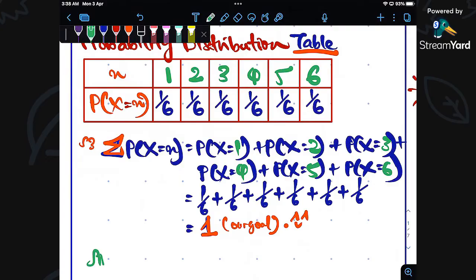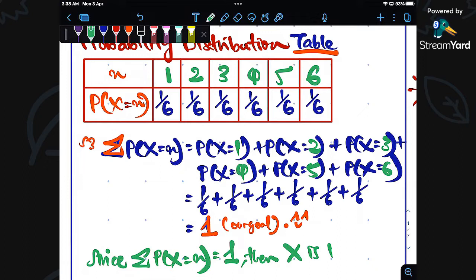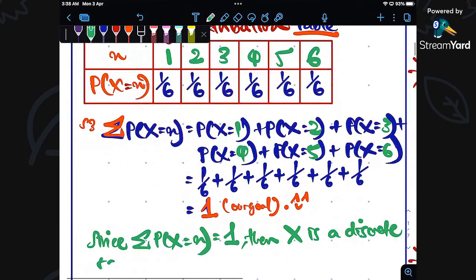Since, I think the word "since" is very common now. Since the summation of the probability of X is equal to 1, therefore X is a discrete random variable.